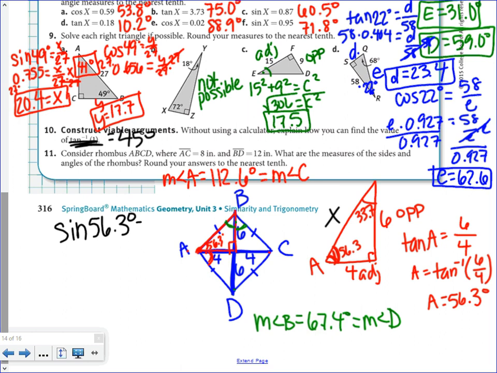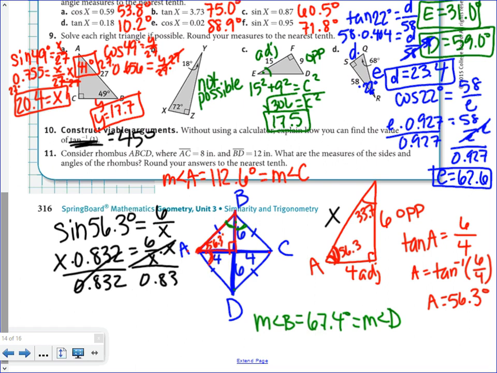The sine of 56.3 is going to be opposite over hypotenuse. So sine of 56.3 is 0.832, and so multiply by x, and then divide by 0.832. So 6 divided by 0.832 gives me a side length of 7.2.